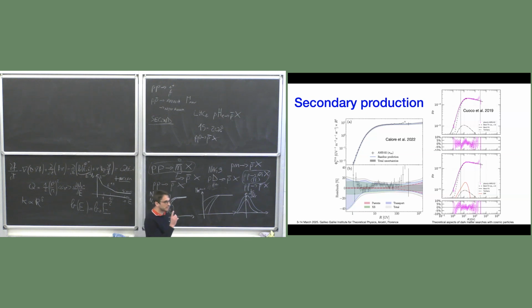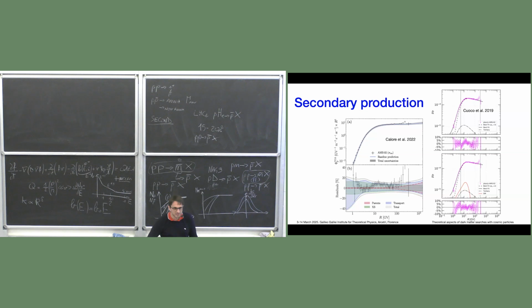There is also another very important point about this excess, in my opinion: this is a localized bump. So this is a bump localized around 5 to 40 GeV, okay? Instead, the secondary production, even if you change your cross sections and propagation parameters, is more or less the same.